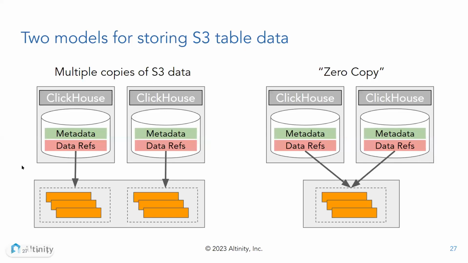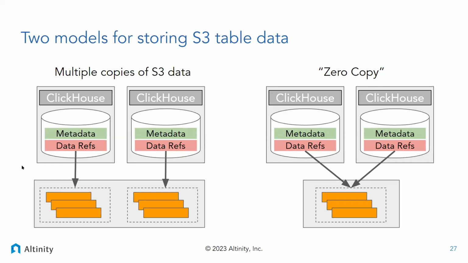Well, that's a long story, but at the top level, there are a couple of different ways this can work. If you don't do anything special in current releases of ClickHouse, each ClickHouse server will get its own S3 files. So those data references will be pointing to separate S3 files.